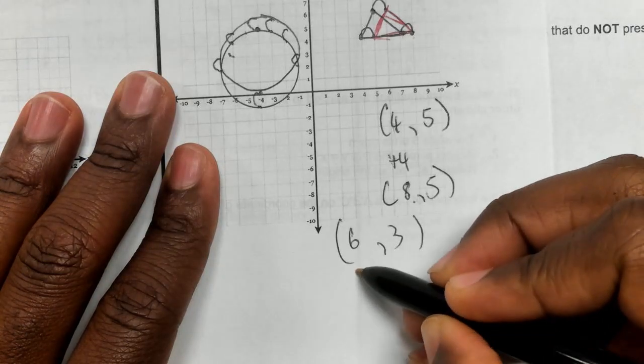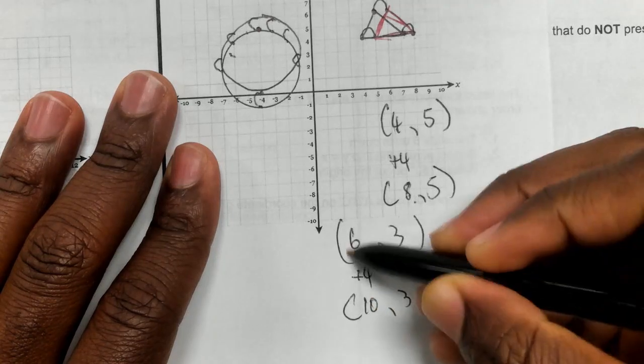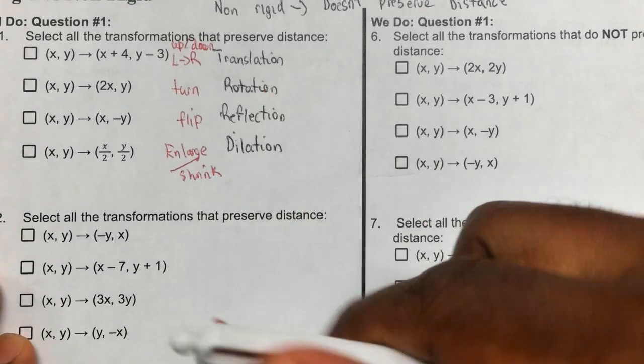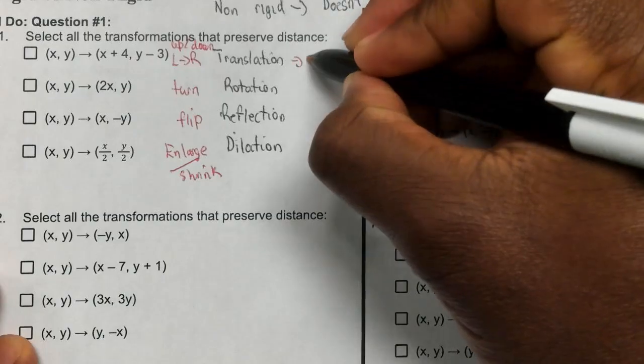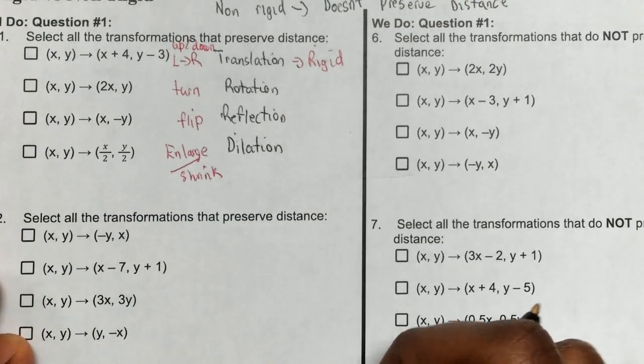So right 4 means adding 4. We would have 10, 3, which is the same distance of 4. So the distance stays the same, or translation is rigid, because it keeps the distance the same.